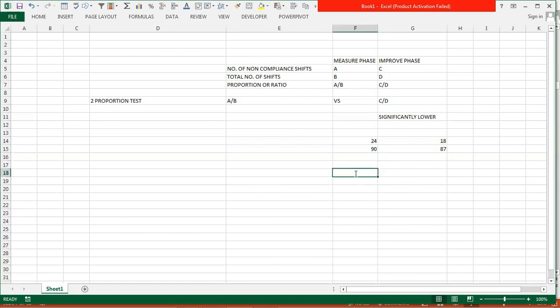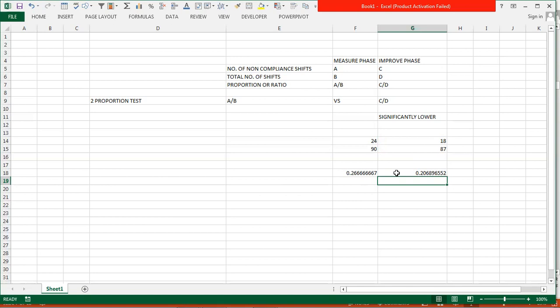So all we're going to do is compare 24 by 90 with 18 non-compliance shifts by 87 shifts. Here we can see 0.26 is definitely higher than 0.20, but that's only mathematical.